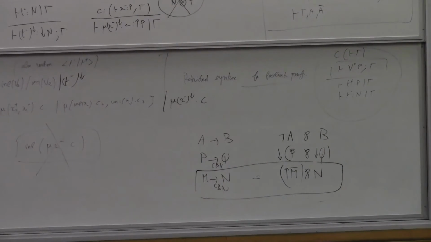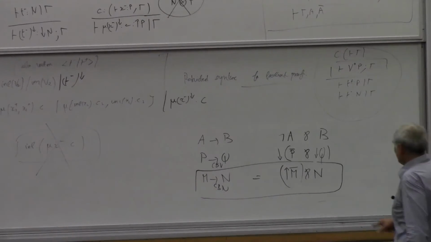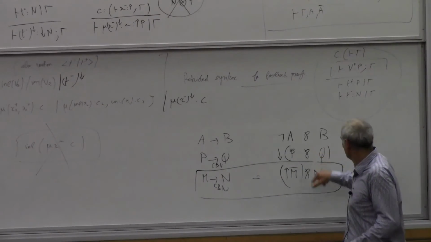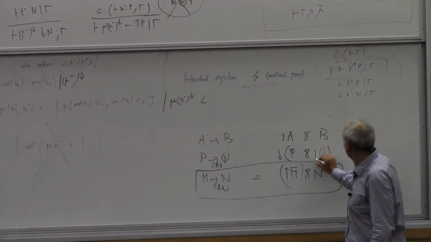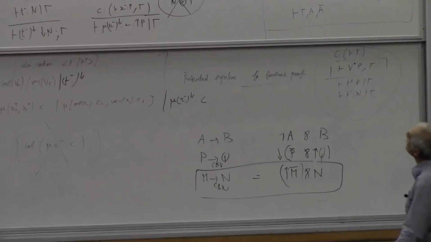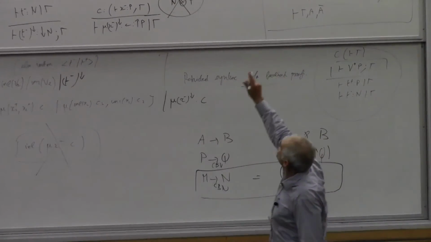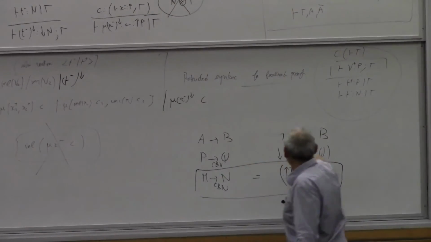Okay, so is it correct? This is negative. This is incorrect. I turn Q, which is positive, into negative with the upper arrow. This is correct.